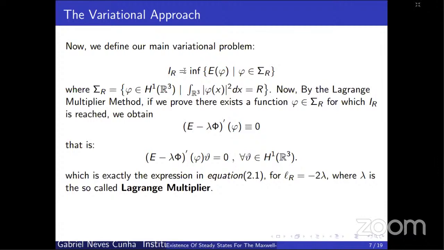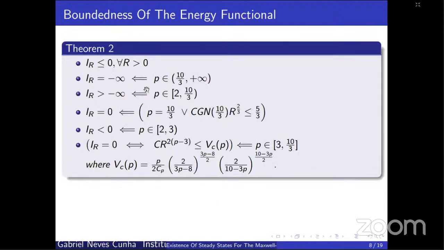There are some problems where we don't have to show this infimum is finite first. We show it is reached by some function here, and then as a consequence, it's finite. But we would like to not waste our time trying to show that this infimum is reached in a case that might turn out not to be finite. So we first try to figure out in what cases this infimum is finite.